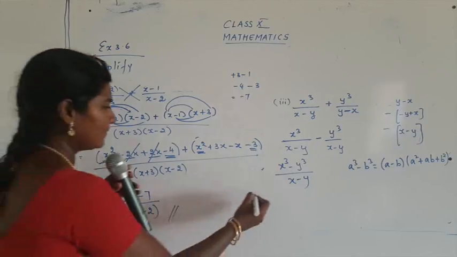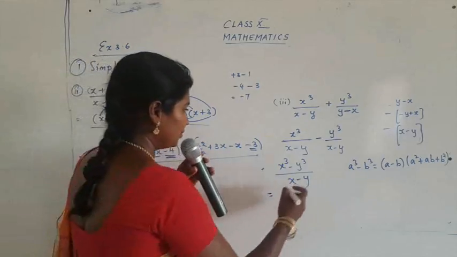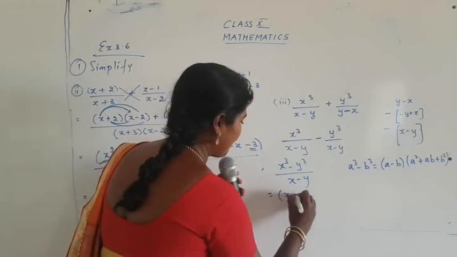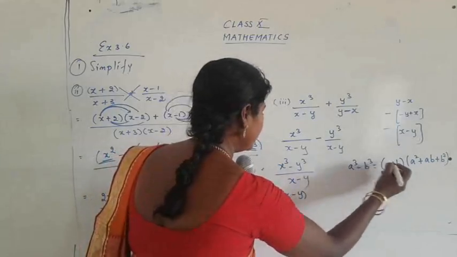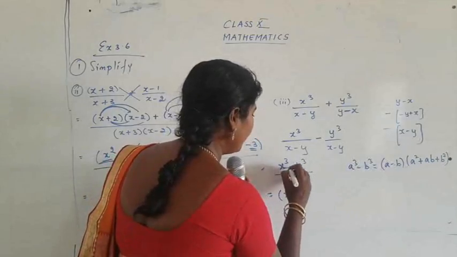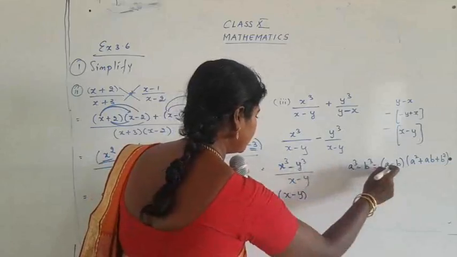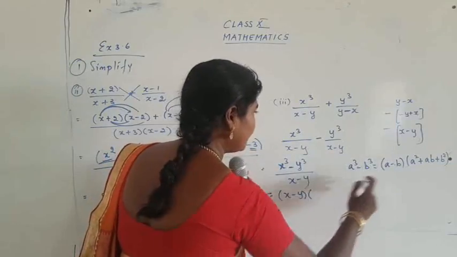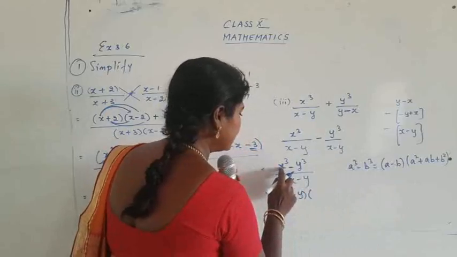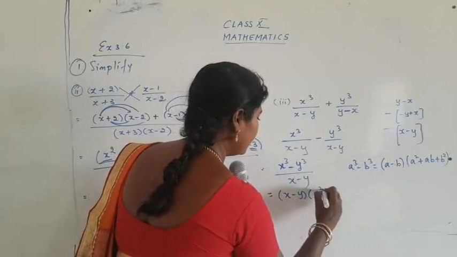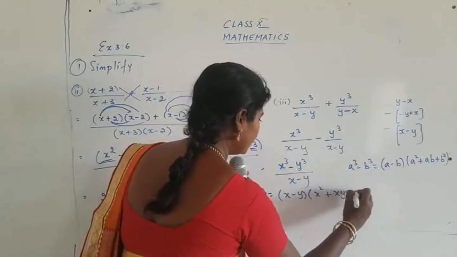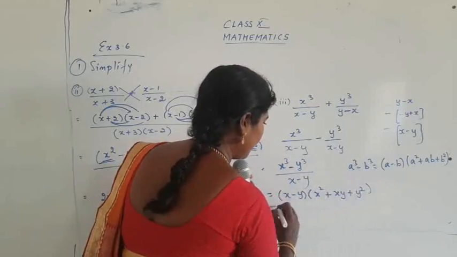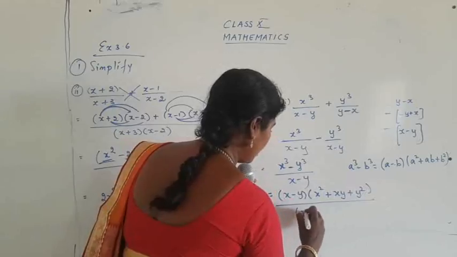So for the numerator part, let's use the identity. So you get x minus y, that is a cube minus b cube is a minus b, a square plus ab plus b square. So A is x over here. So x square plus xy plus y square upon x minus y.